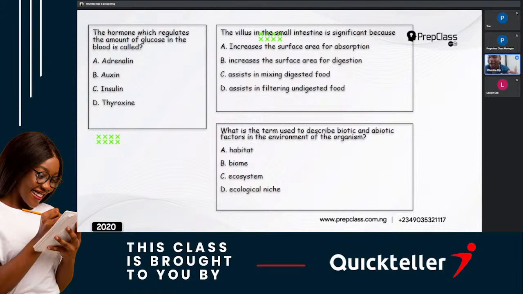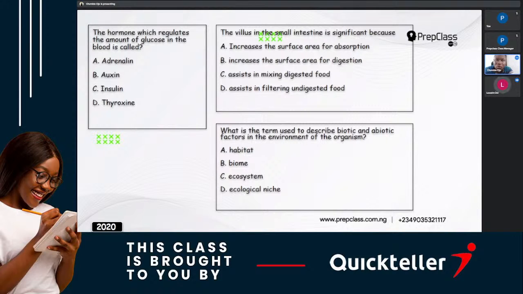Then we have the ecological niche. That's the position of a species in an ecosystem. So what's the ecosystem itself? It is a term that describes biotic and abiotic factors in the environment of an organism. That's ecosystem. So the answer is ecosystem. So can we move to the next?